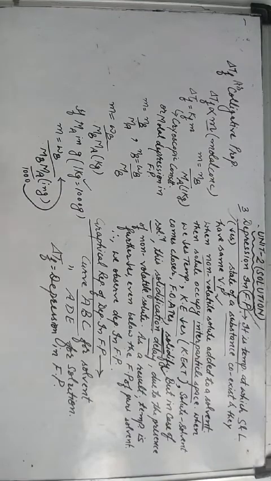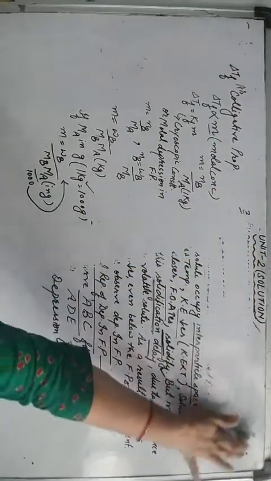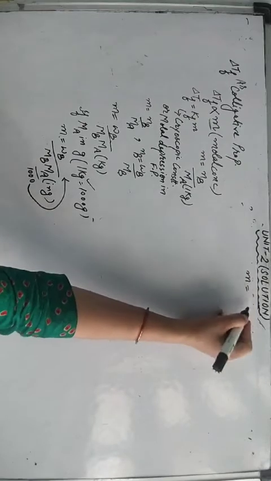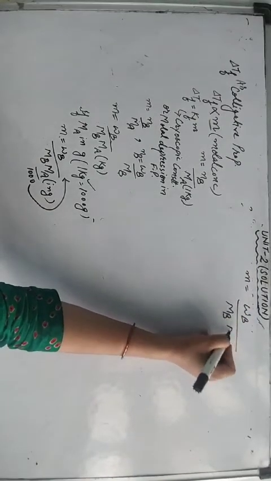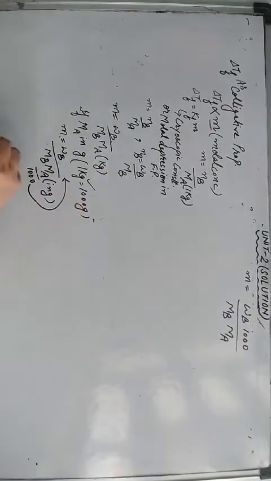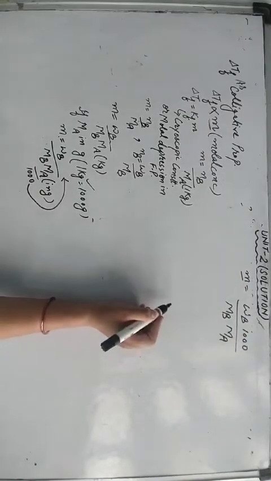Move 1000 on the above side. So m equal to Wb 1000 upon Mb Ma.